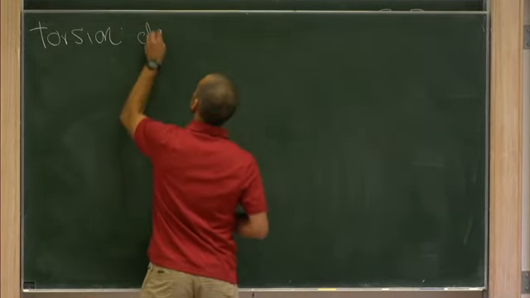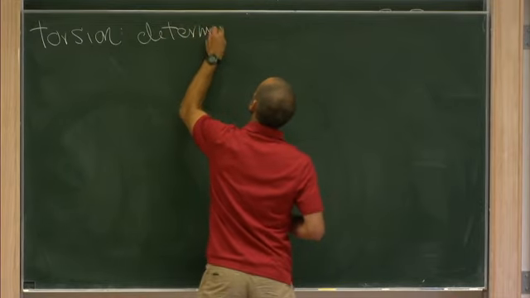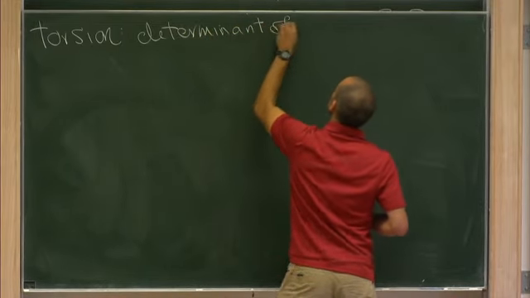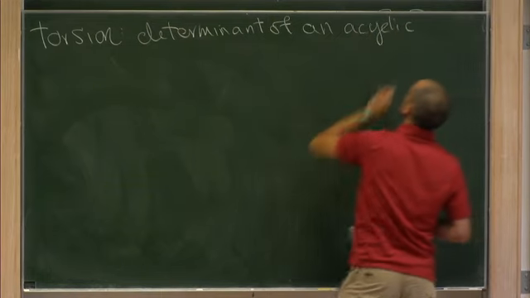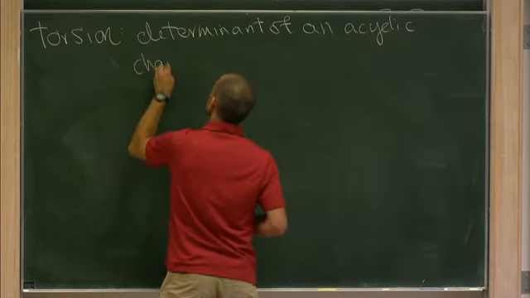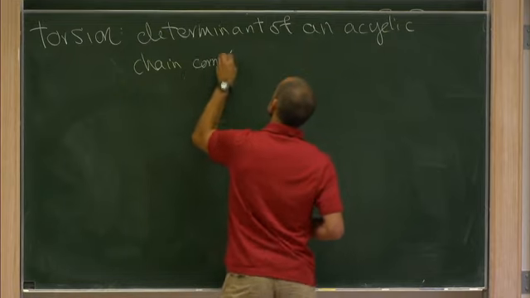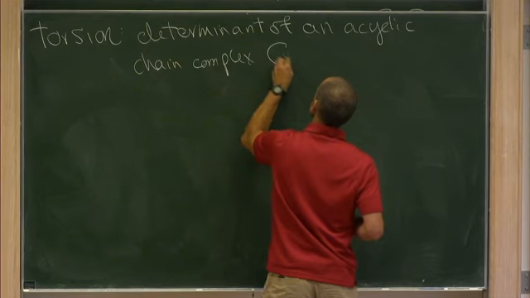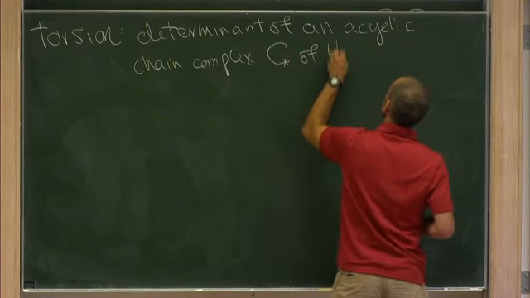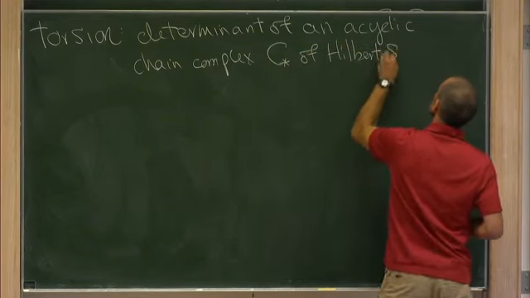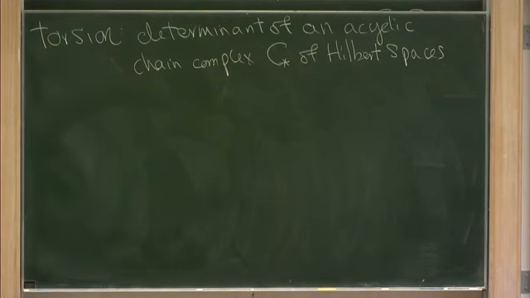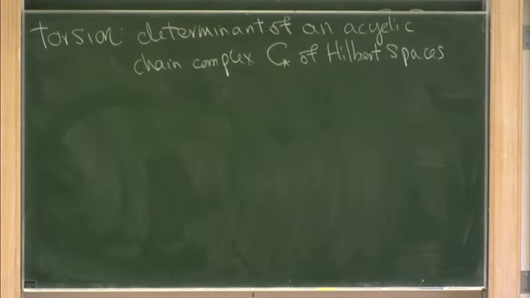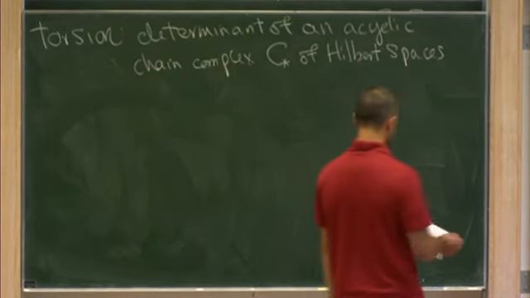The idea is that it's a determinant of an acyclic chain complex, call this C star, of Hilbert spaces. For now, go ahead and think of these as finite dimensional Hilbert spaces. This is fine, and we'll switch to the infinite dimensional ones in a bit.